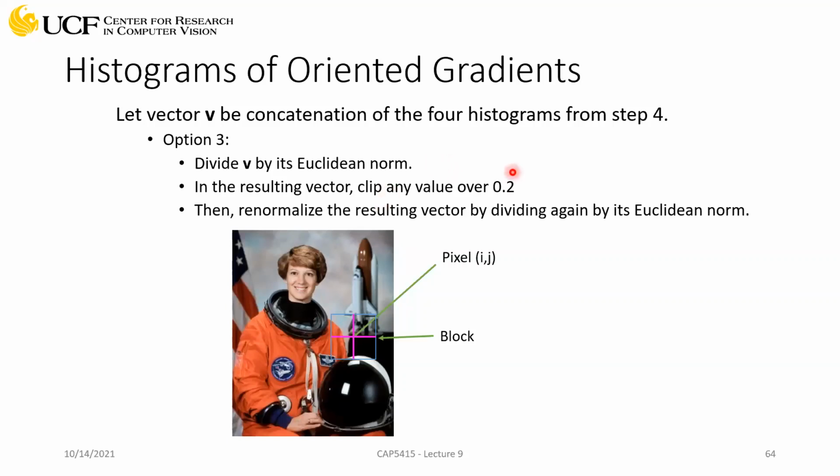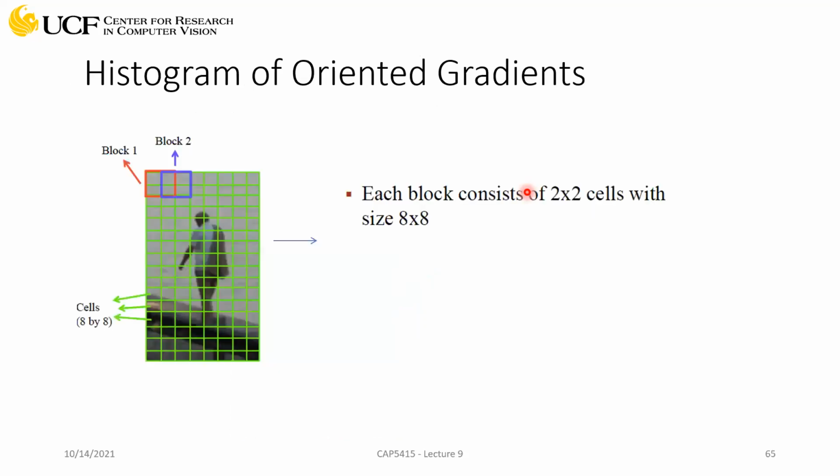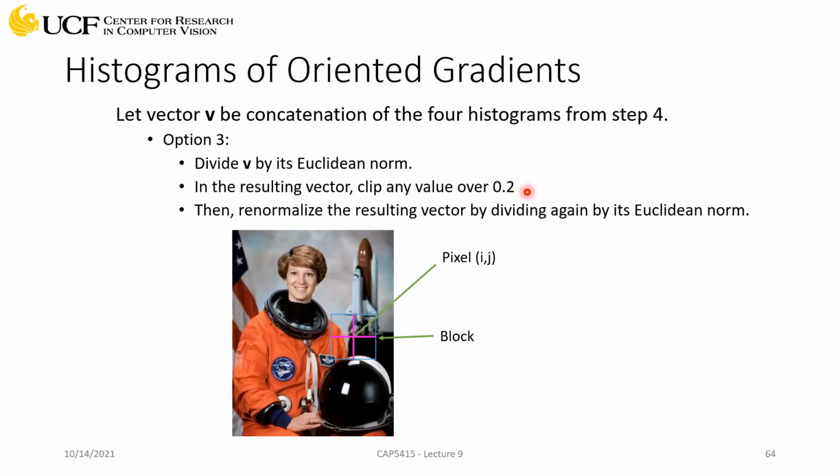So that's why you need this two-step normalization. It's just saying that if it's high, it's high. If it's over 0.2, you just say it's high. You don't differentiate between 0.2 or 0.8 or 0.7. All right. So those are the only 5 steps which we need for histograms of oriented gradients. And as I said, it's a very simple algorithm, but very powerful.